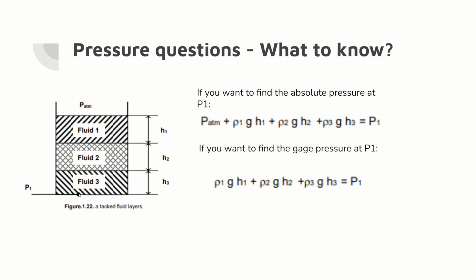So for example, if you wanted, in this case, to calculate the pressure all the way at the bottom of these three fluids, you would need to calculate the pressure for each of these fluids. So density of this one times g times its h, then do the same for this one, then do the same for this one, and you would get your pressure at the bottom.